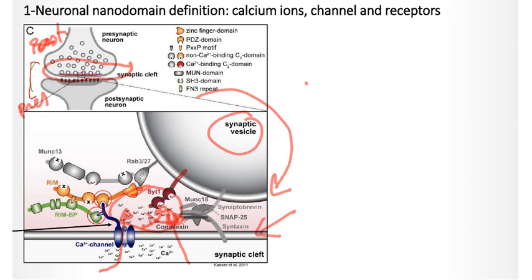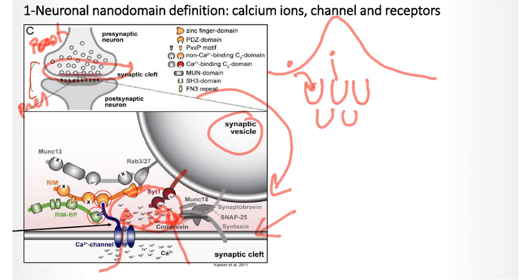So how can calcium ions be specifically restricted, or their concentration increased, in this specific region? It is known that if there are multiple binding sites here, and calcium can bind to these binding sites, then if you look at the density, this is the concentration of calcium, it is going to be increased.